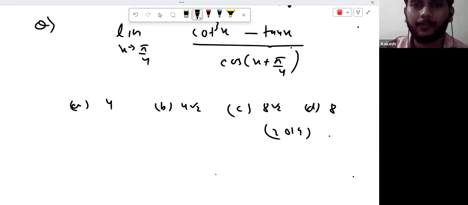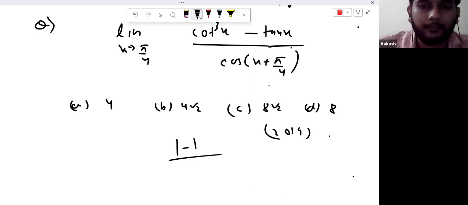And 10 pi by 4 is... 1. So 1 minus 1 in the numerator, upon cos of pi by 4 plus pi by 4, which is pi by 2. And cos pi by 2 is 0. So 0 by 0. So how did you get 8 root 2?